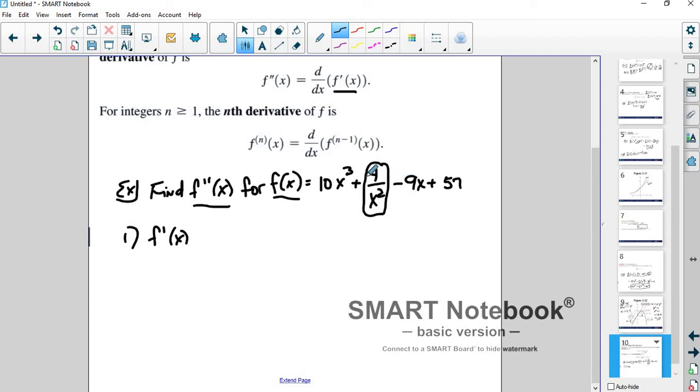So you need to rewrite this. Remember how we rewrote square root earlier? There's a way to algebraically rewrite this part of the f of x function also so that you can use just the plain old power rule. Okay, so rewrite f of x first, and then take the first derivative, and then take the second. Okay, pause the video and come back and we'll check it out.